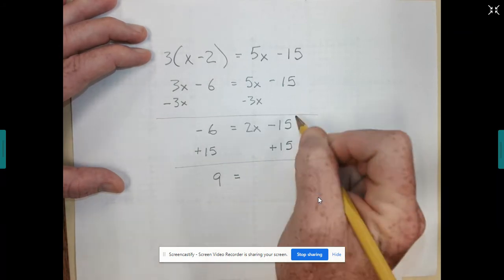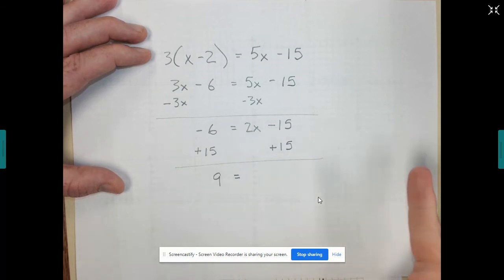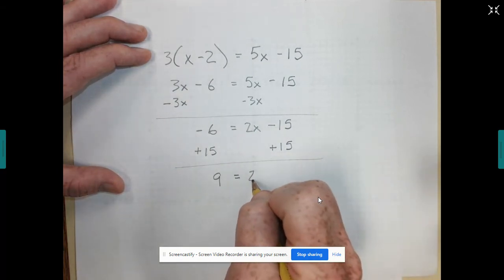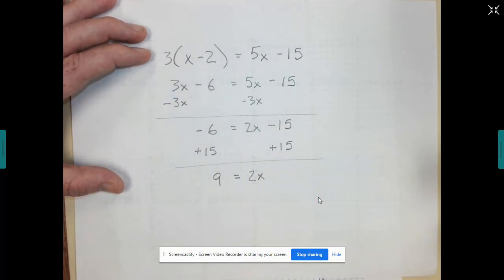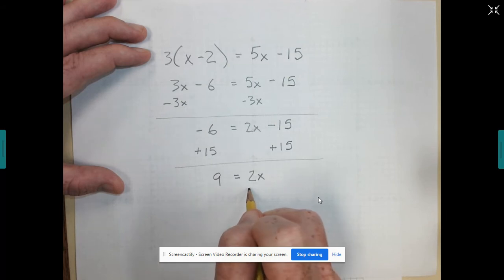And then on the right side, I had the negative 15. I added 15. That makes 0, which in essence is gone. All I have left is the 2x. Now I'm really close to where I want to be. I just want to have x left. If I want to get rid of that 2, I have multiplication, again, going on in between there since I don't see a symbol. If I want to move a number to the opposite side of the equation, I'm going to do the opposite operation.